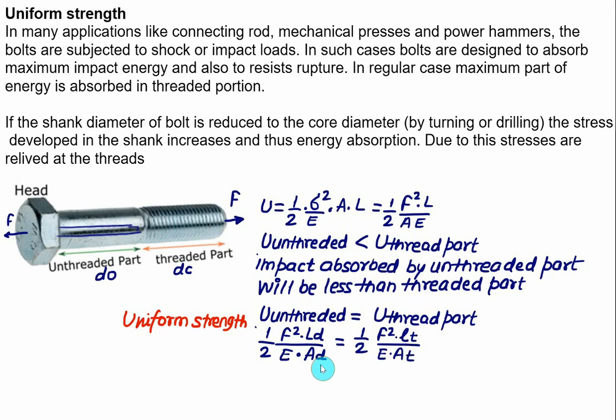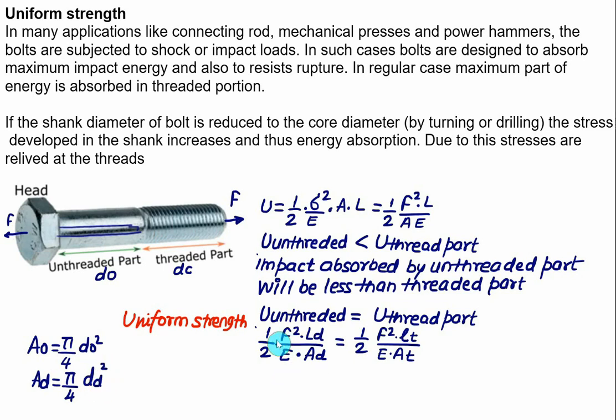Here I am not using the symbol A0. Basically A0 means pi by 4 into DO square, and AD will have a modified value given as pi by 4 into the new diameter of the unthreaded part, DD square.